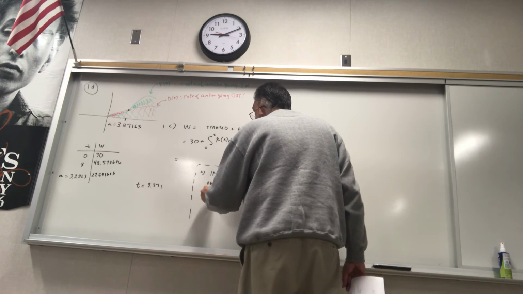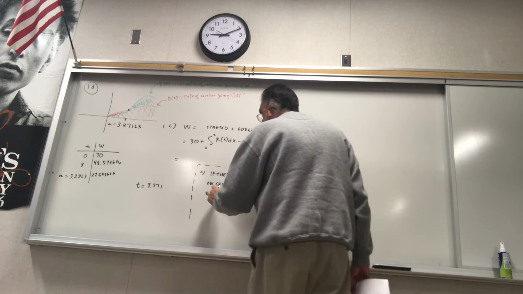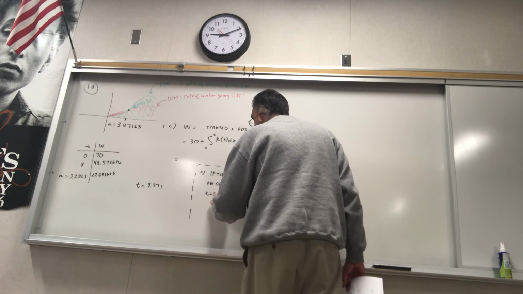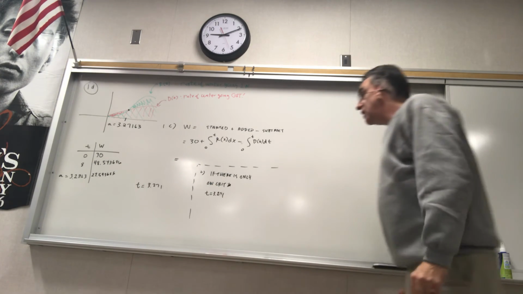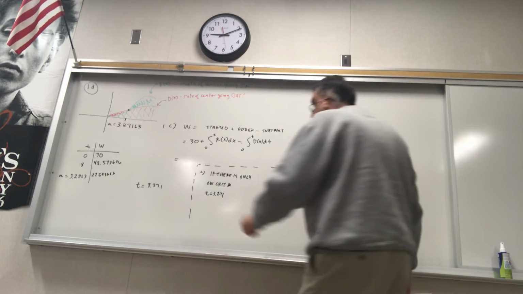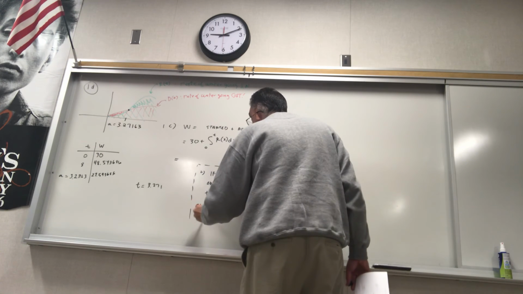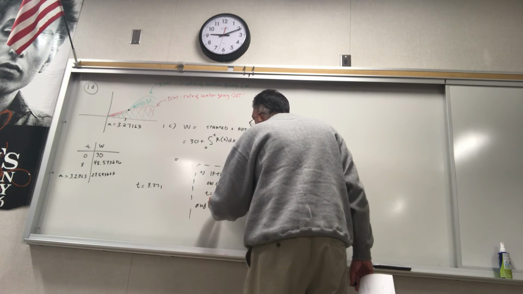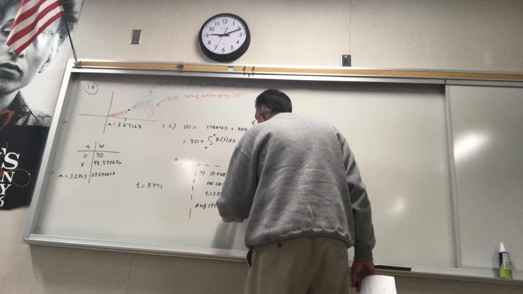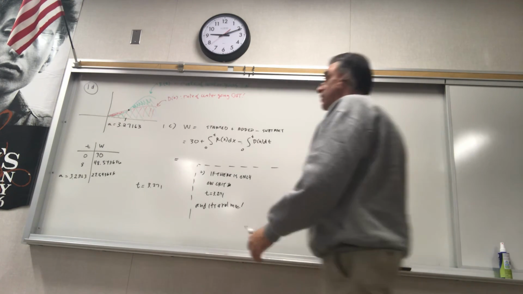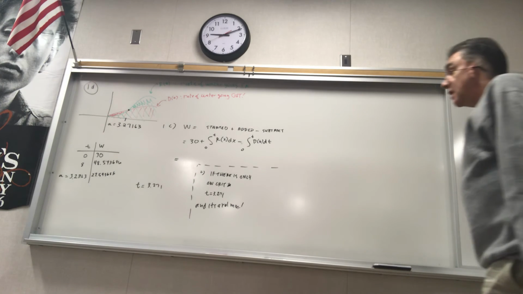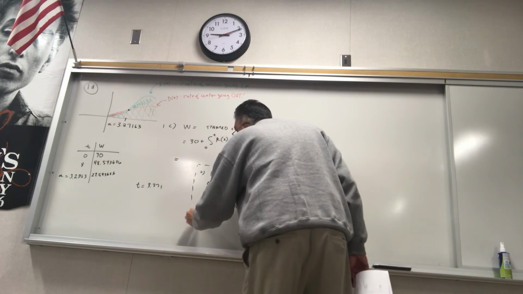T equals 3.271, oh crap, hold on. Let me just erase that. 271. If there's a critical number and it's a relative min, and because it's pretty clear it's a relative min by looking at the picture, it's also an absolute min.